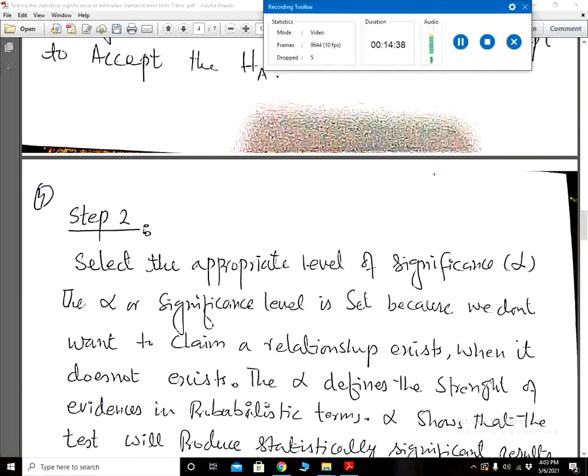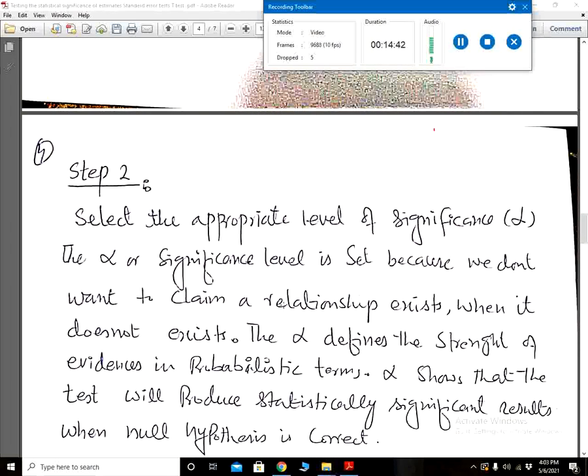We have formulated the null and alternate hypothesis. For our analysis we have formulated the bidirectional hypothesis, where our H naught is that beta 1 is equal to 0, and the alternate hypothesis is beta 1 is not equal to 0. We use a bidirectional hypothesis here.